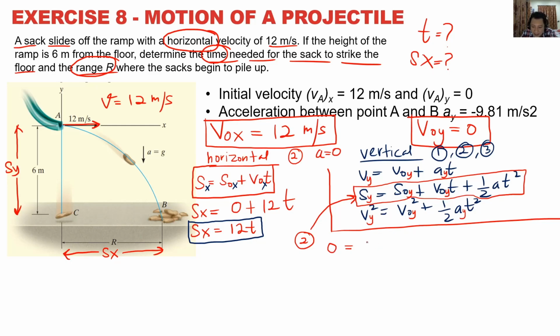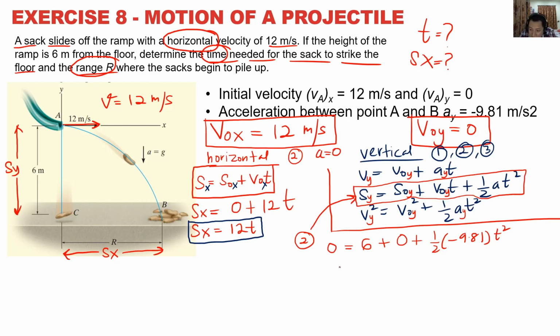The original displacement, it is high above, so 6 meter. Velocity y is 0; you don't have any vertical velocity. Plus half, negative 9.81, T squared. By looking at this, you can solve for time.